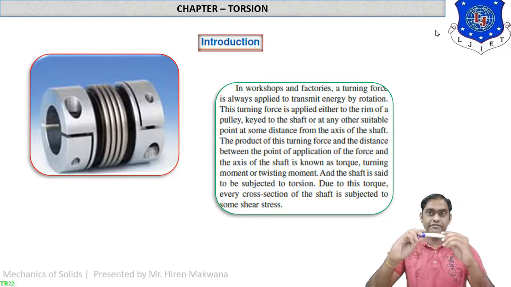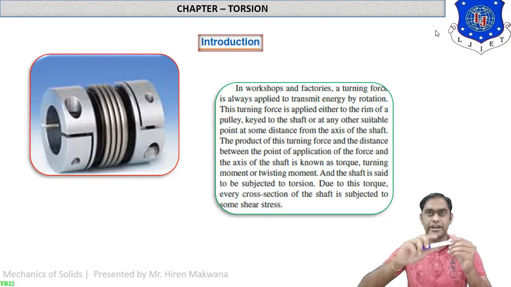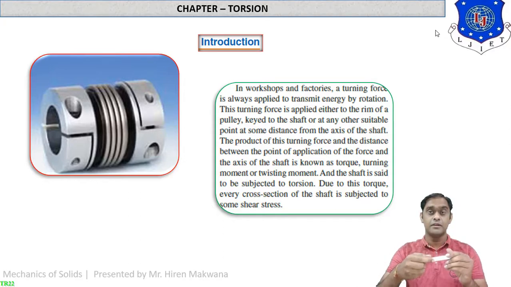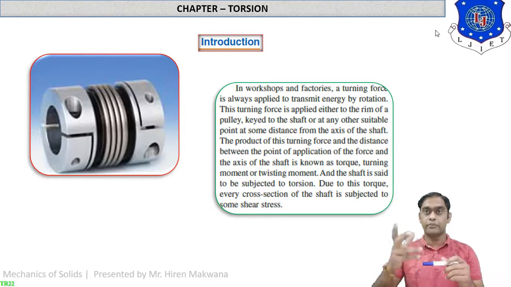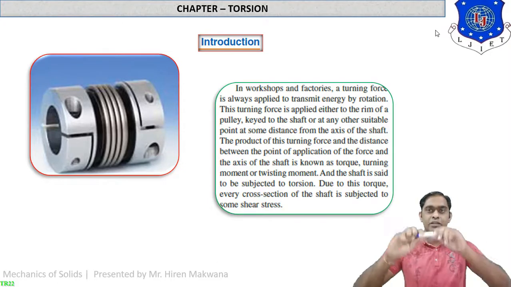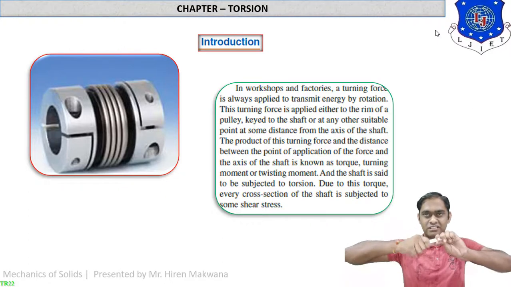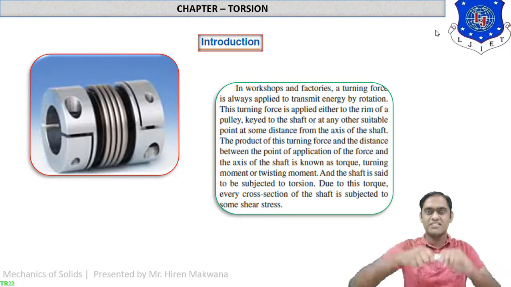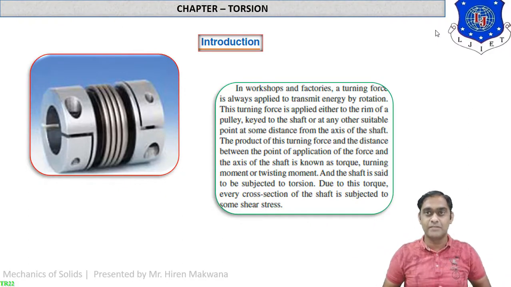Now what happens when the shaft is trying to rotate in a clockwise or anti-clockwise direction, but suddenly some restrictions are there, some jamming in the bearings, or maybe a choke up in the bearings, then due to that, a twisting like this is occurring in the shaft.